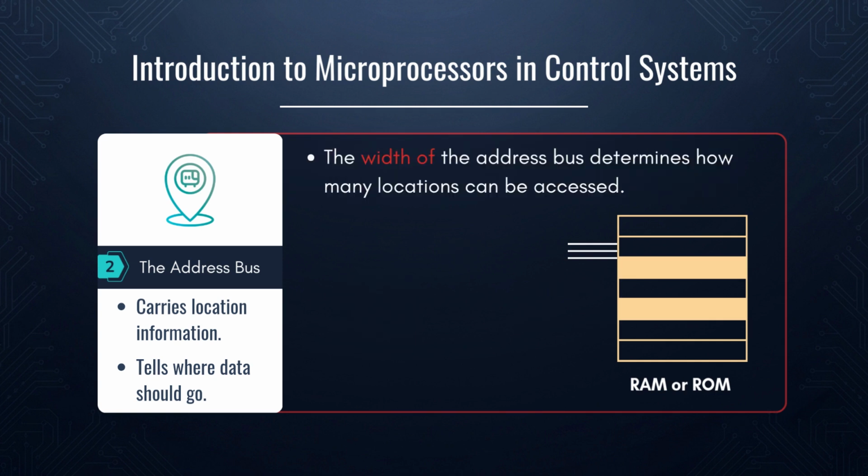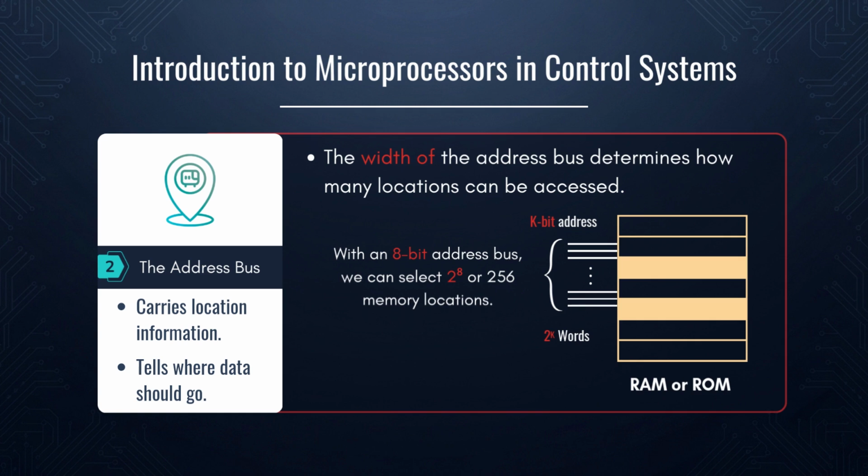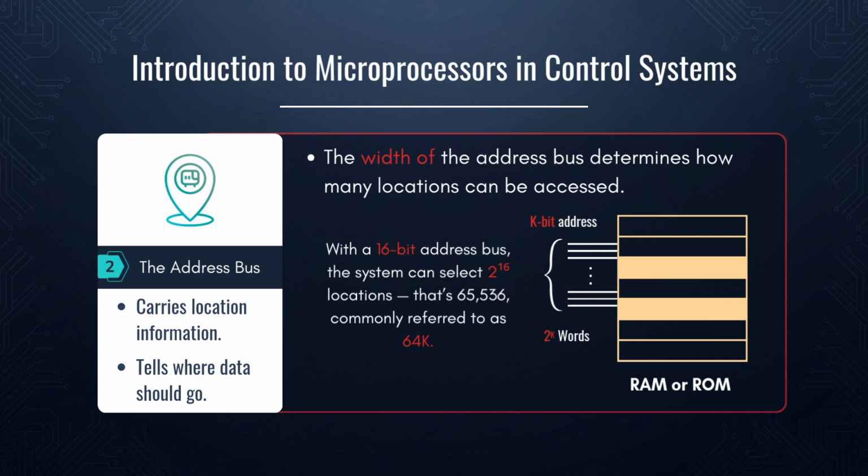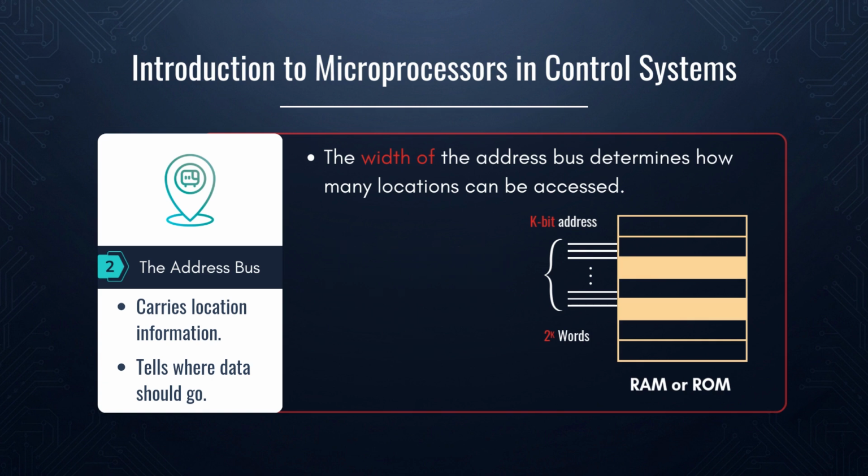The width of the address bus determines how many locations can be accessed. With an 8-bit address bus, we can select 2 to the 8th, or 256 memory locations. With a 16-bit address bus, the system can select 2 to the 16th locations. That's 65,536, commonly referred to as 64K.